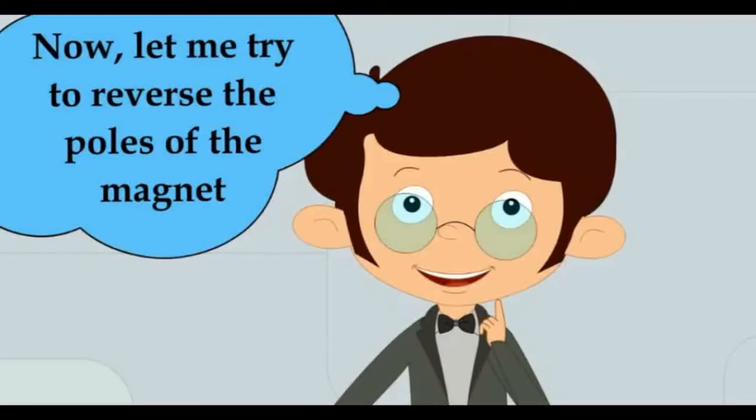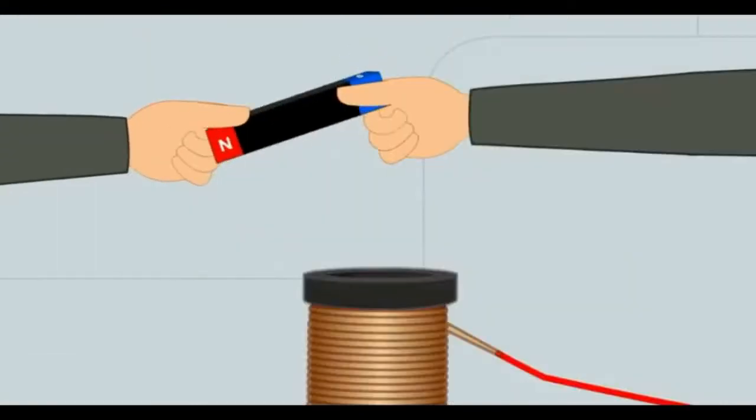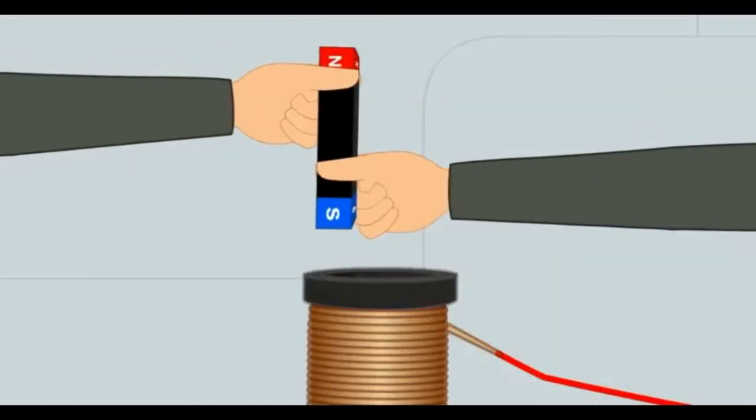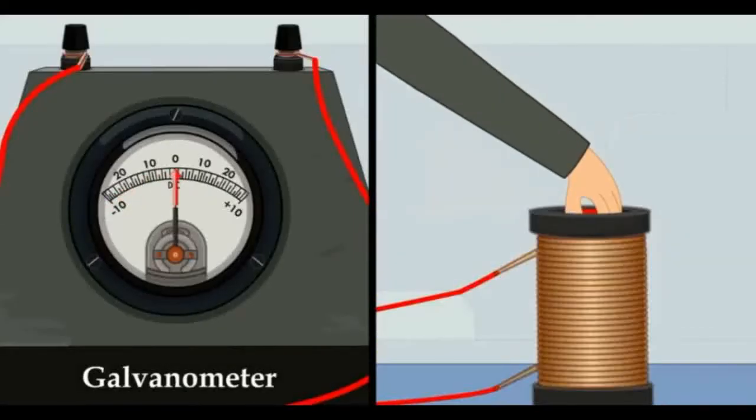Now we may try reversing the pole of the bar magnet. So instead of north, now we are taking the south pole of the bar magnet into the coil. With the south pole coming into the coil first, we can see the deflection was towards left, or towards -10.